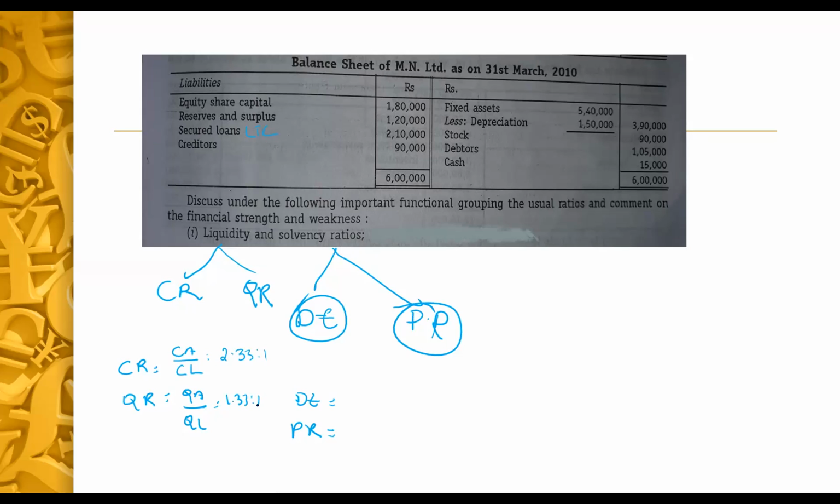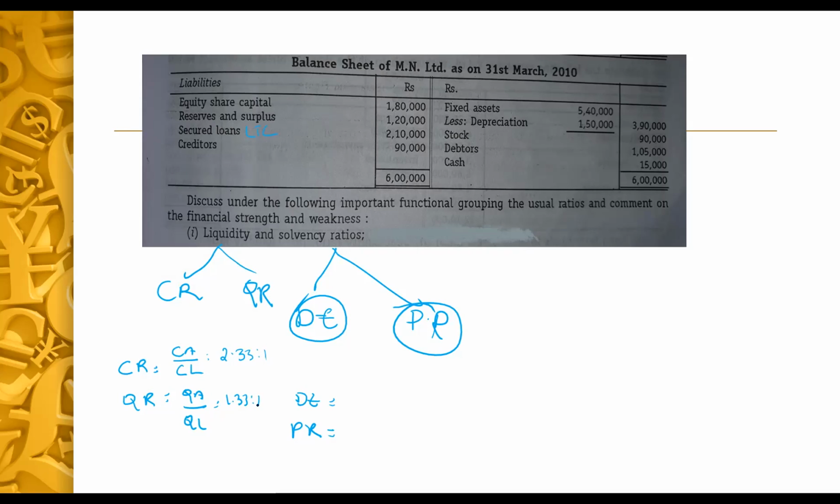So current ratio is 2.33 is to 1 and quick ratio 1.33 is to 1. Can you tell me the interpretation? Only one sentence. Since current ratio and quick ratio are above the par or parameter, the liquidity position of the business is highly satisfactory or not at all satisfactory? Highly satisfactory. That's it.